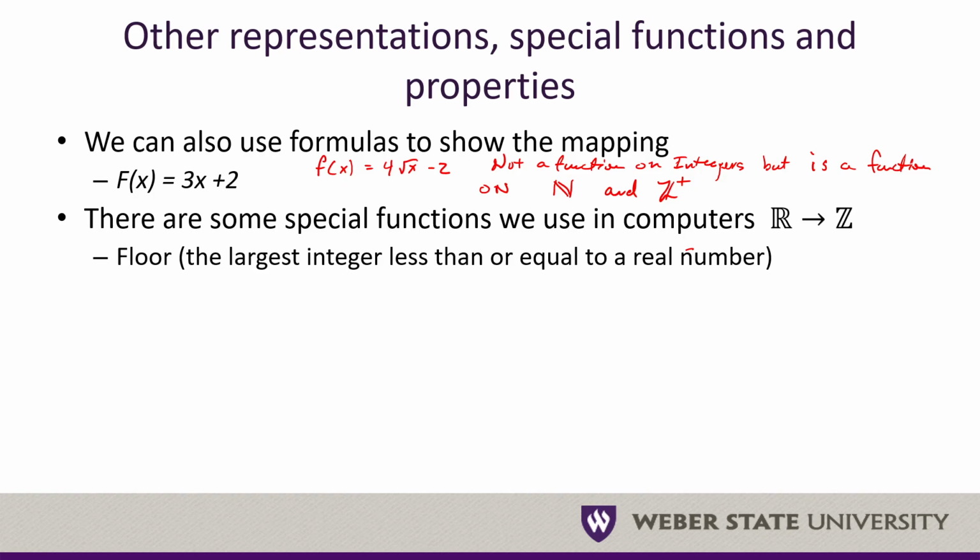Have you heard the word truncation or truncate something? That's oftentimes the word used, especially if you are getting rid of digits after a particular point. Floor is specifically a real number to integer thing.